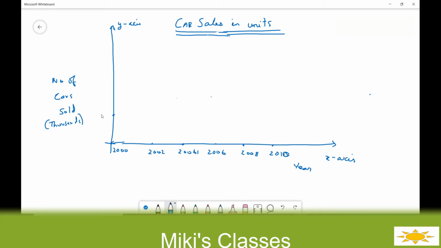Which means what? Suppose this is, let's say, 50. It starts from here, keeps moving up and up. This is how the graph for car sales is going.